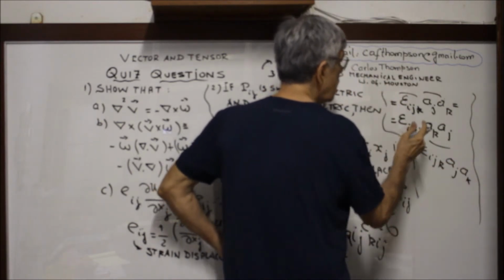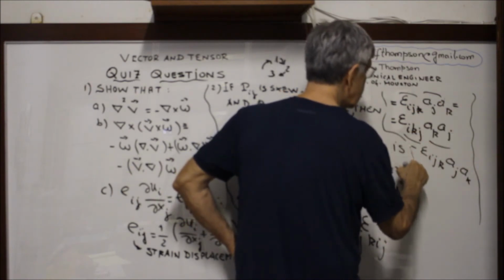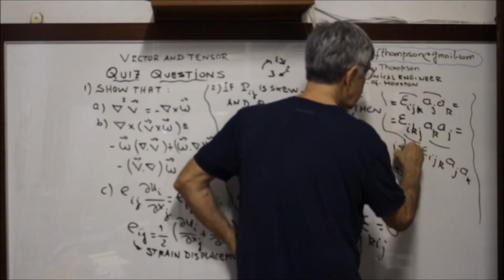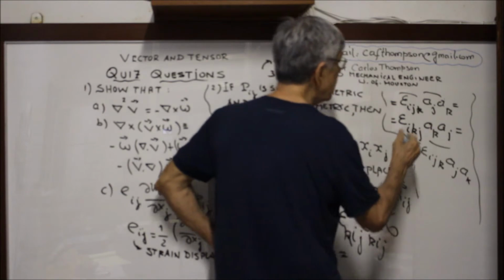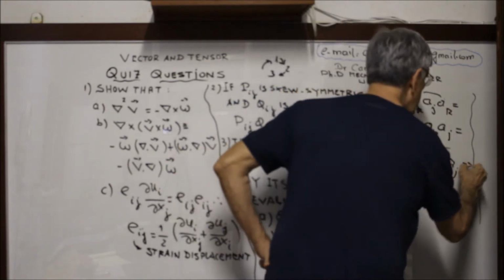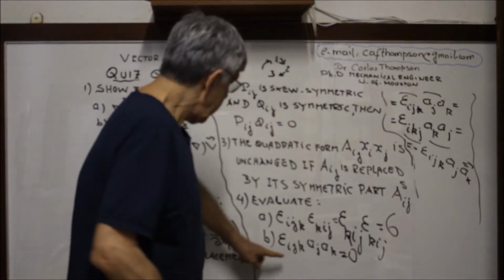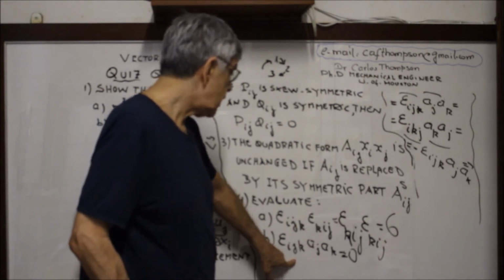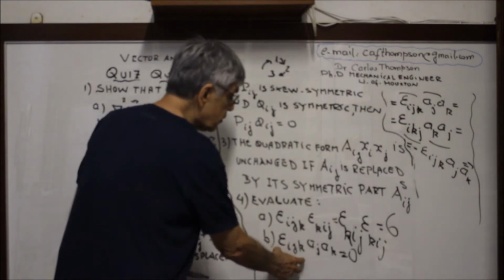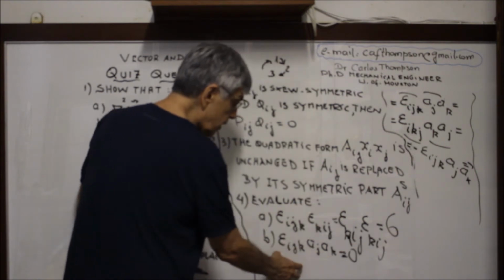Now you see, I have a quantity equal to minus the same quantity. So this implies that this equality will be 0. Now, a skew-symmetric times a symmetric: this is a third order tensor, skew-symmetric.